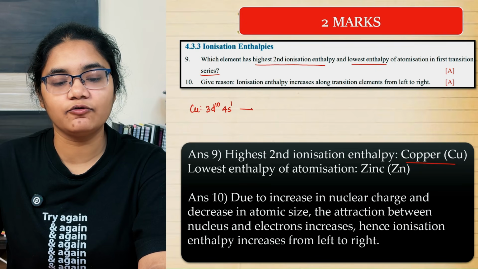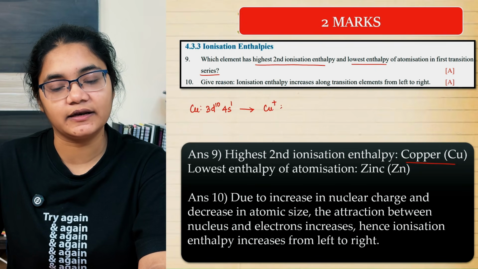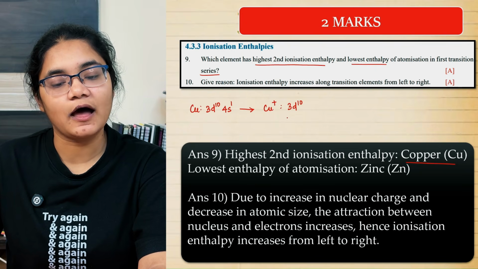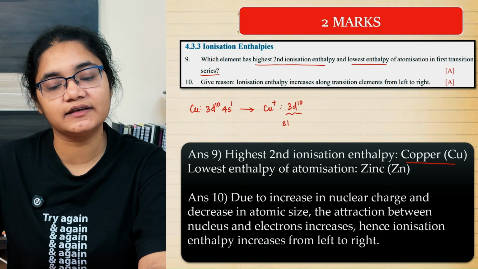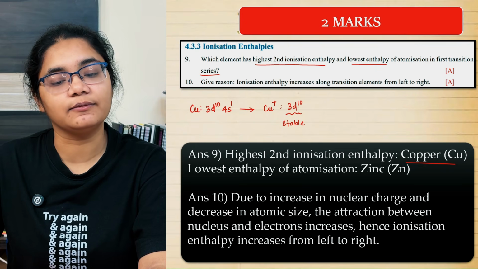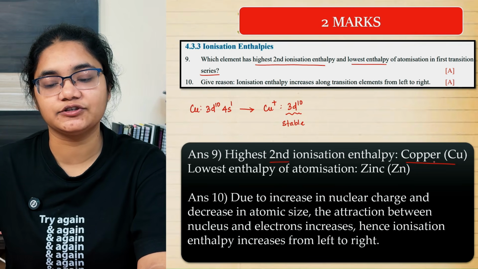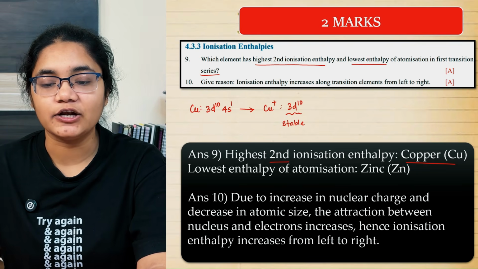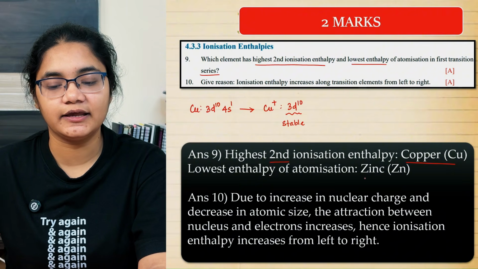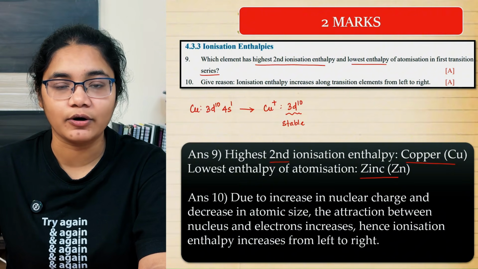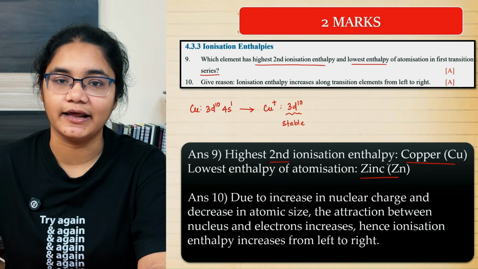Now when you remove one electron, Cu+, you will get 3d10. This is a fully filled stable configuration, right? So to remove one more electron from here will be very difficult. So the highest second ionization enthalpy is for copper. And the lowest enthalpy of atomization is for zinc, because it has no metallic bonding because of the absence of unpaired electrons.